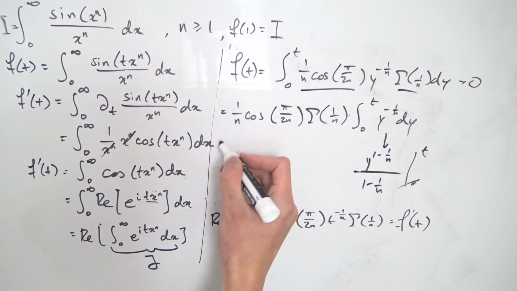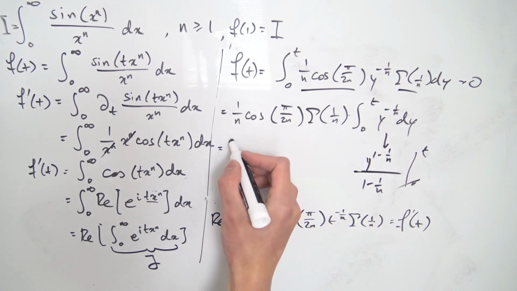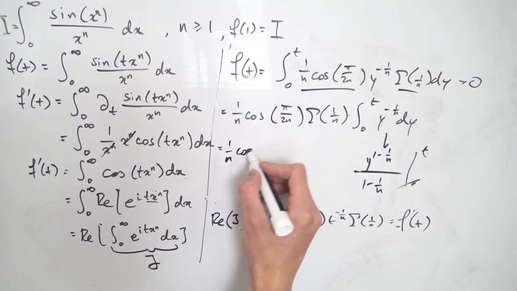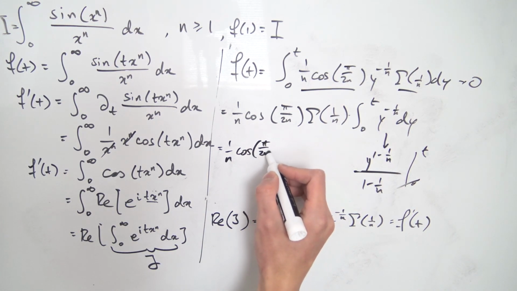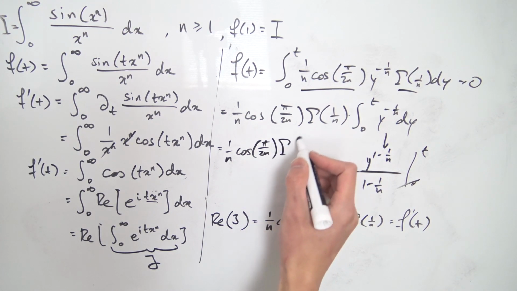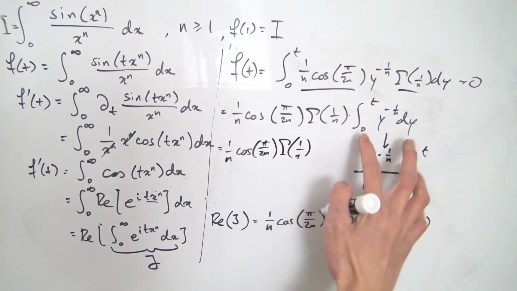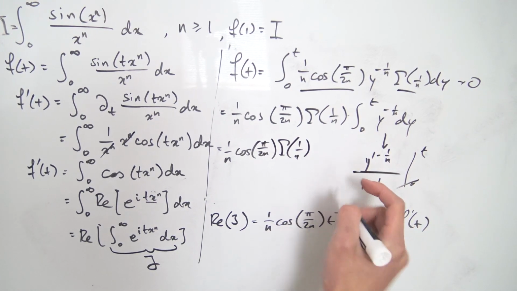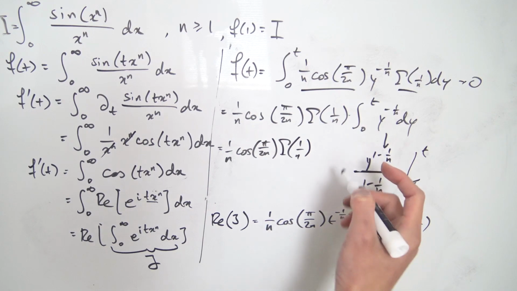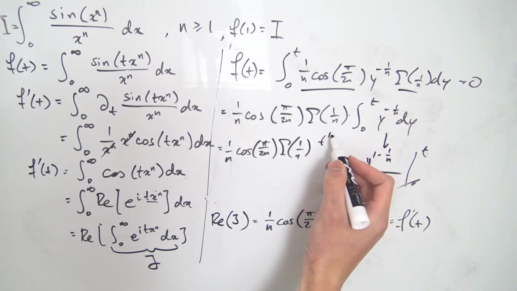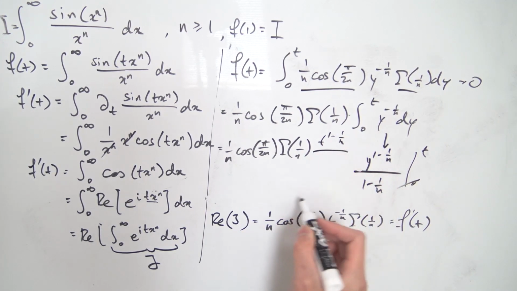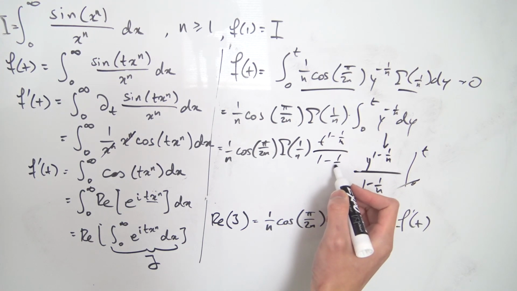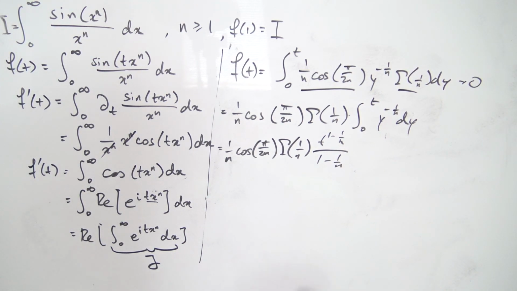So what we should end up with is 1 over n cosine of pi over 2n, gamma of 1 over n, and this integral turns into, we're just replacing this y with a t, so we have t to the 1 minus 1 over n over 1 minus 1 over n, like so. Alright, and what did we just find?